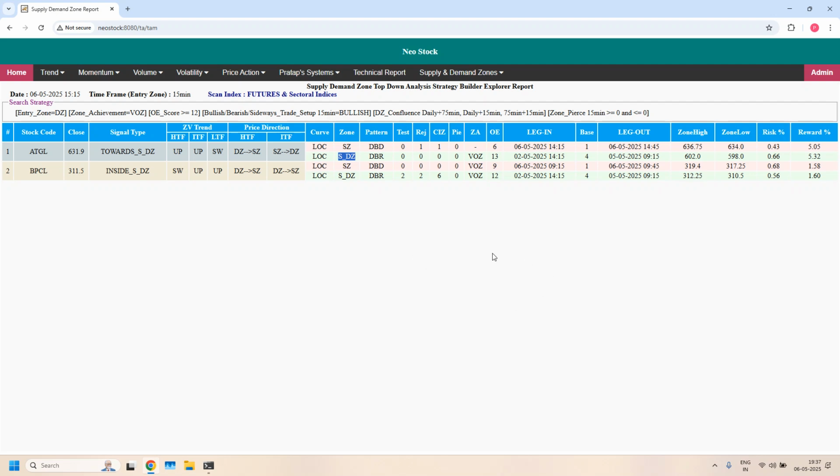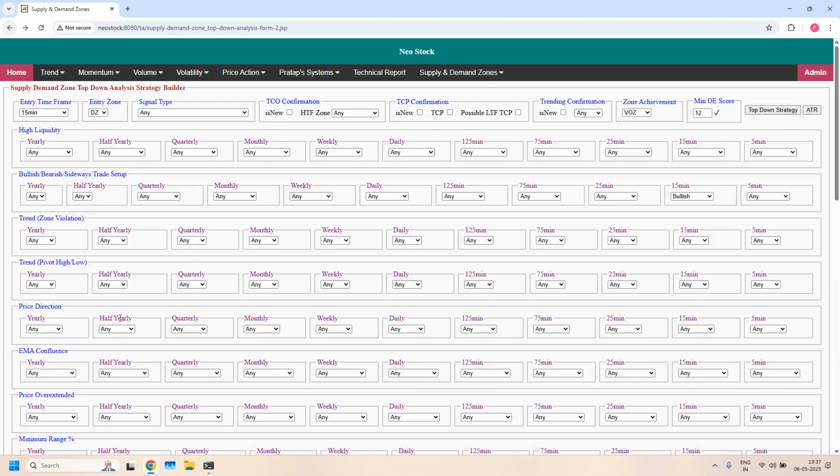Both together again overlapped with the daily demand zone. But the daily trend is up in only one stock. So in this stock, if the daily demand zone has daily EMA confluence, then the overlapped 15 minutes demand zone might have a higher probability to get success. Let's verify.